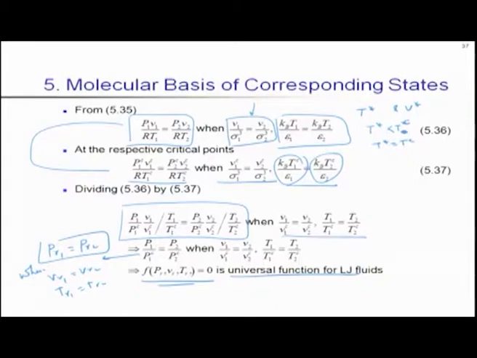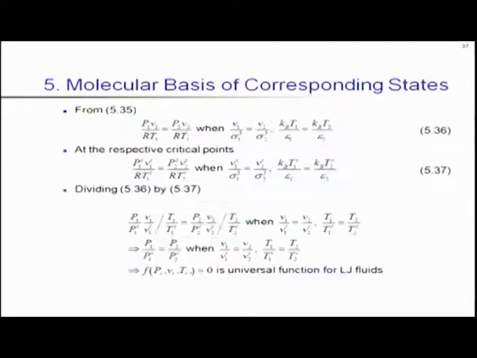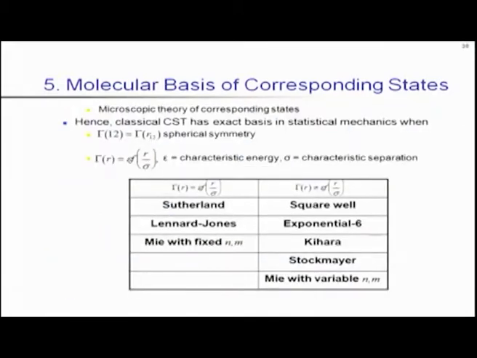Now this is beautiful because using this expression, you can evaluate many things. So this is our microscopic theory of corresponding states. This particular expression we could evaluate because Lennard-Jones can be written in this very simple form.